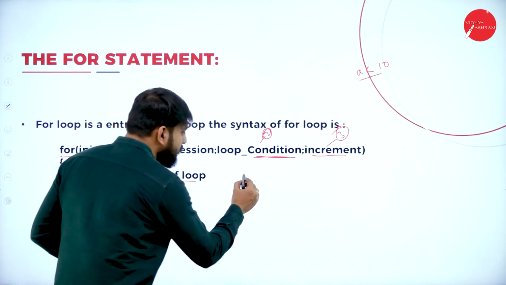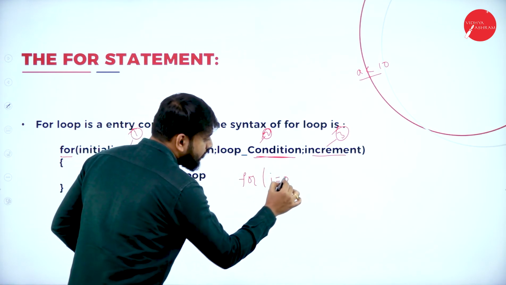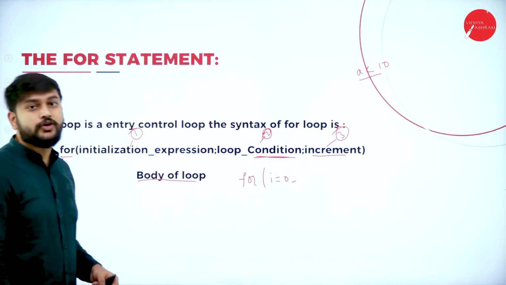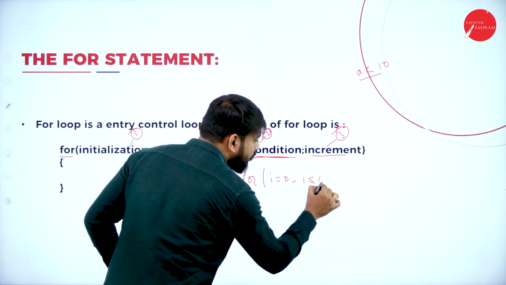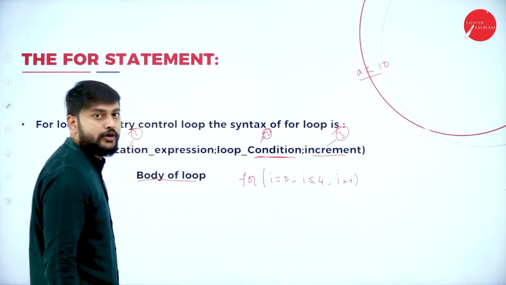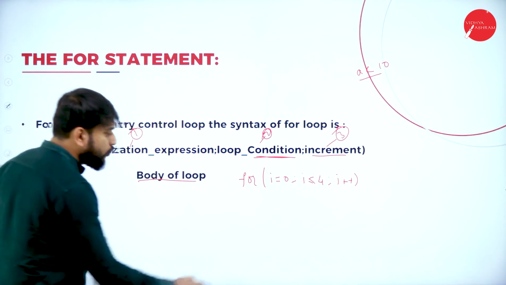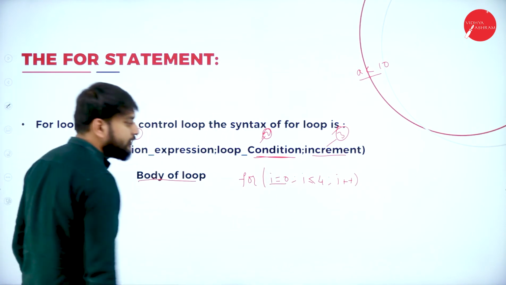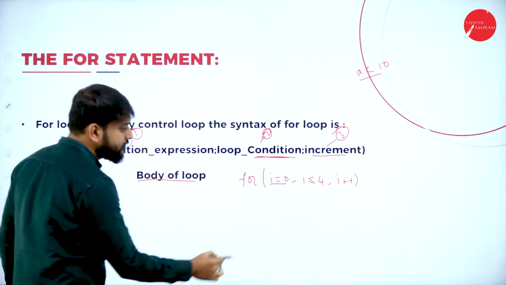Let's check that. Say for example, I have for i is equal to 0, i should be less than or equal to 4, i plus plus. This is what I am going to write now. So please observe what I am writing. What is the first part that I have?